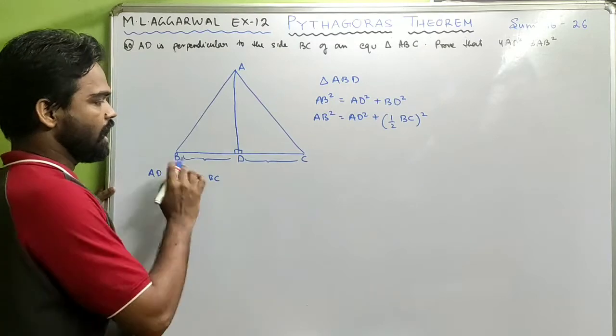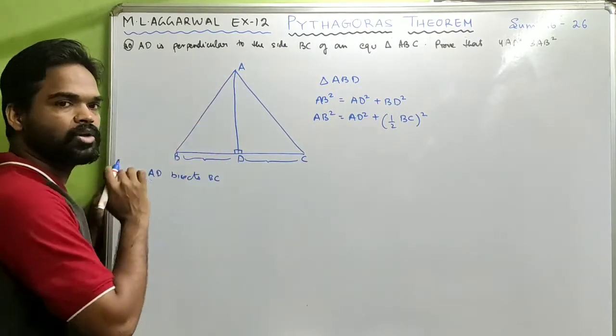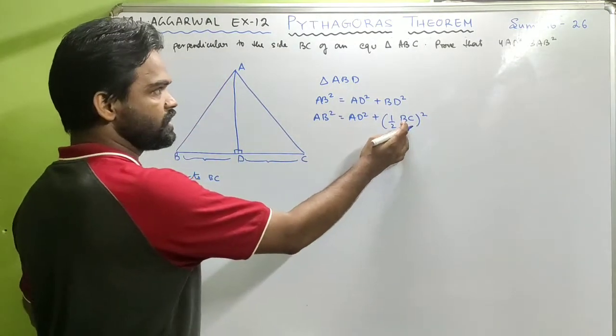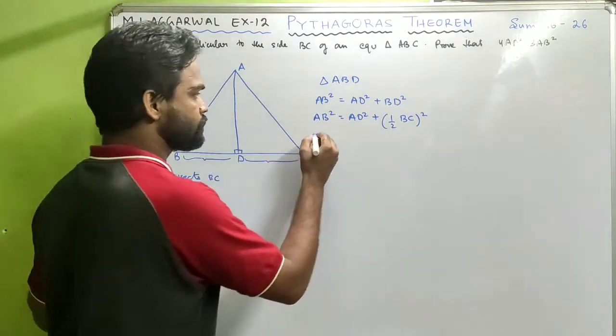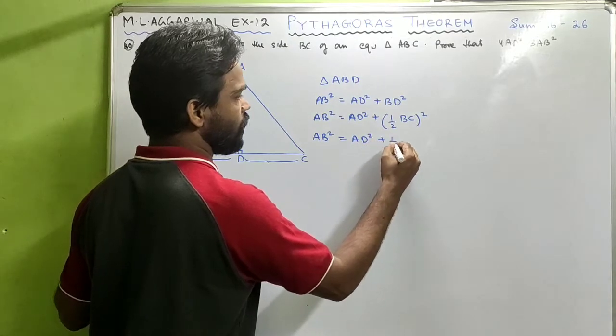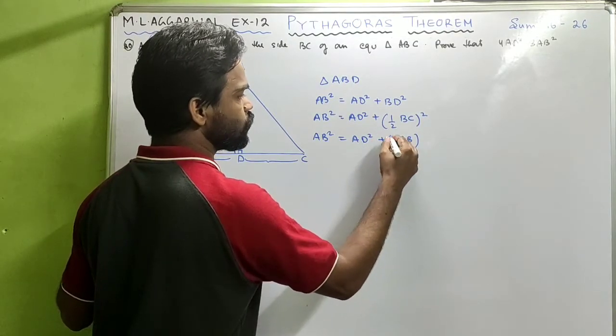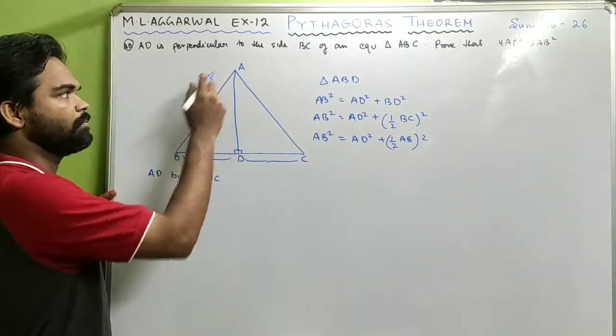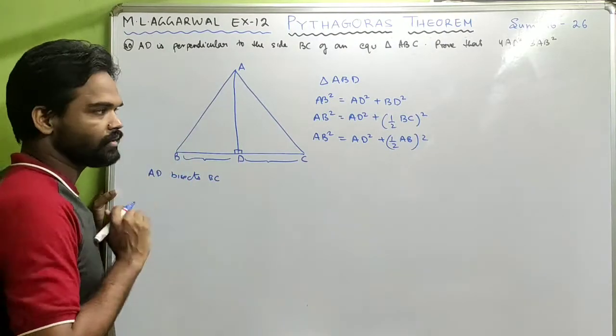Correct? And BC and AB are equal, so instead of BC, can I write AB? So AB square equals AD square plus half of AB whole square, because of course BC and AB are same. It's an equilateral triangle.